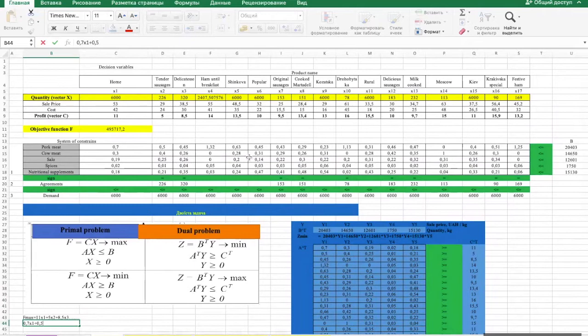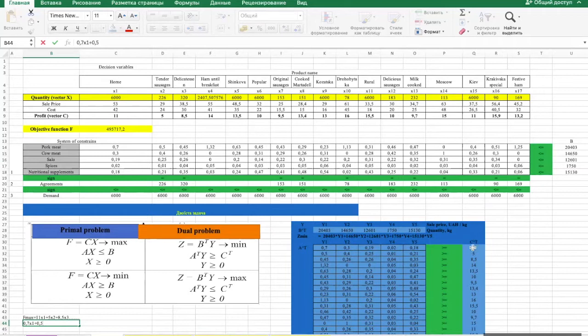So how much of the first resource, pork meat, we use to produce each kind of products. But when we talk about the dual problem, it means how many of our resources we use to produce one product.